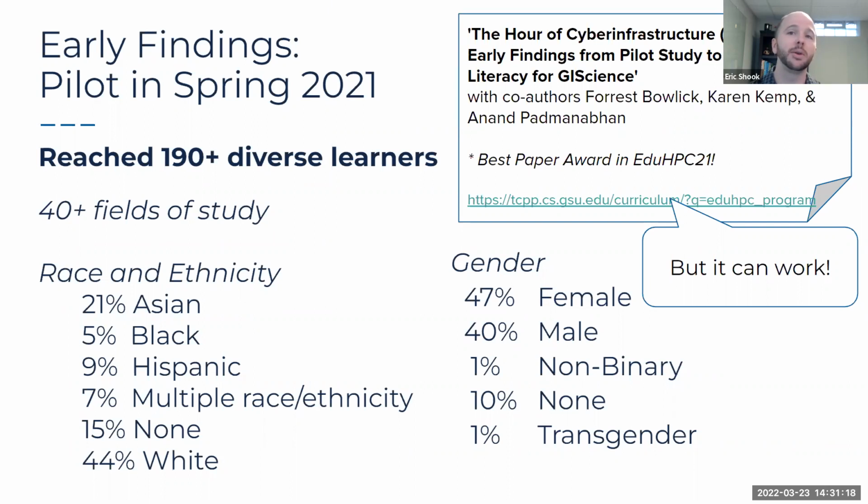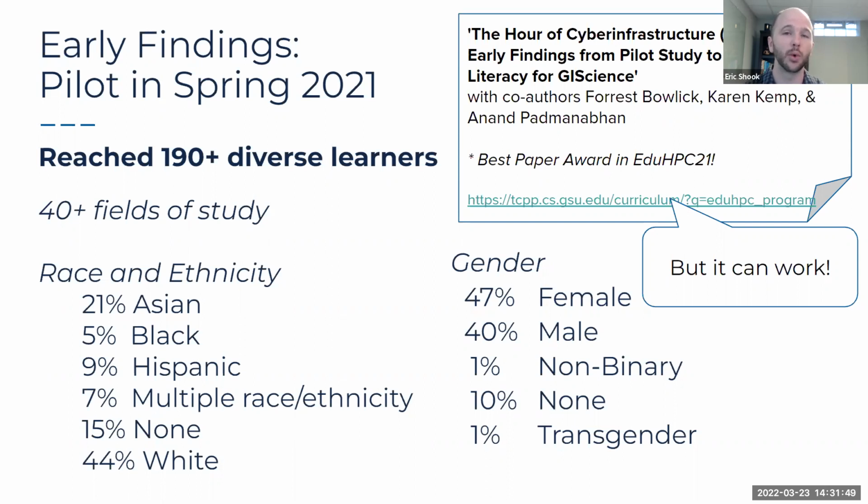Despite the pandemic, we were able to run a soft pilot last spring, spring of 2021, where we reached almost 200 diverse learners. We published a paper in EDU HPC, and we were honored by winning the best paper award for the paper, where we showed that these introductory hour-long lessons are able to meet the needs of at least exposing these concepts and skills to a very broad array of learners.